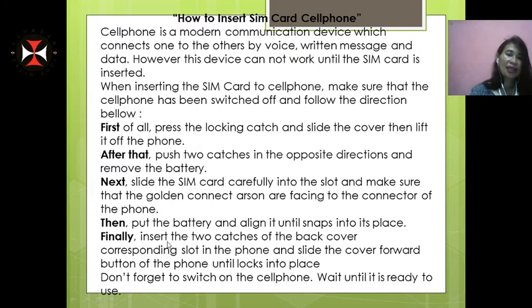Finally, insert the two catches of the back cover into the corresponding slots in the phone and slide the cover forward until it locks into place. Don't forget to switch on the cell phone. Wait until it is ready to use. Okay. We can see that first, after that, next, then, finally are adverbs of sequence.